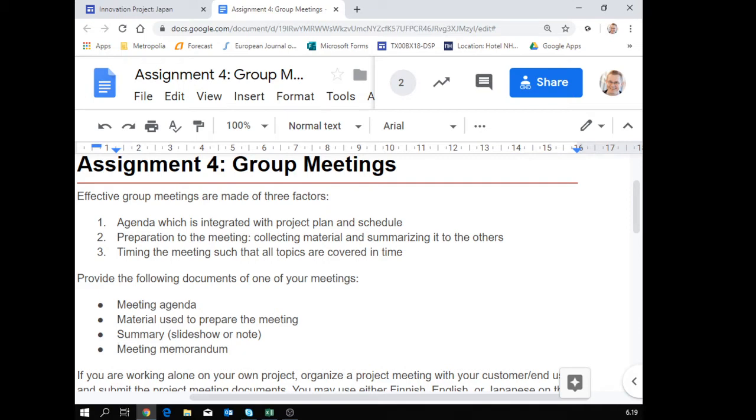Actually it happens that sometimes we are not on time. Well, we are either ahead of time or late. Basically, that's what usually happens. But based on that, you would do the planning. All right, agenda.